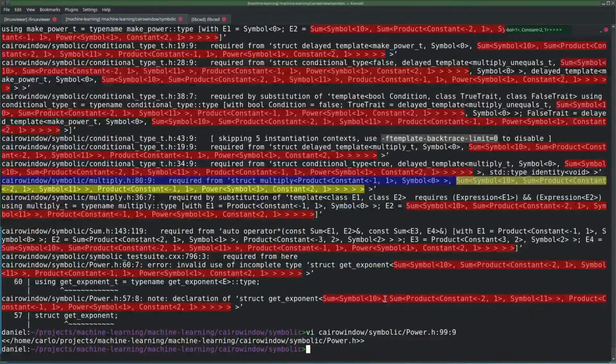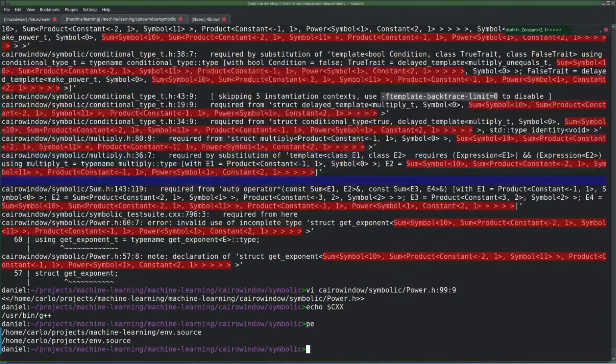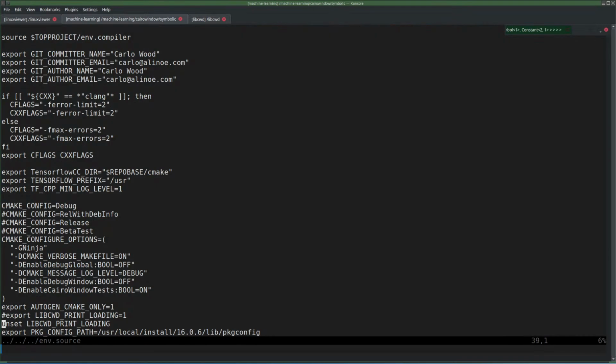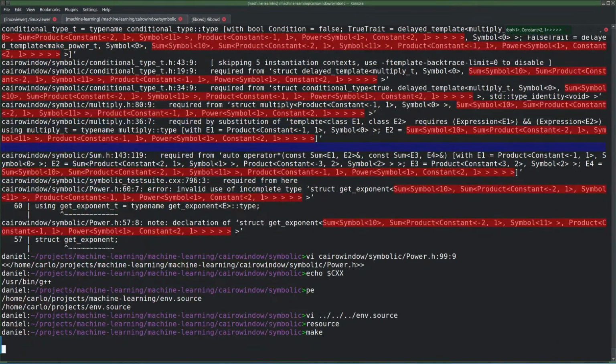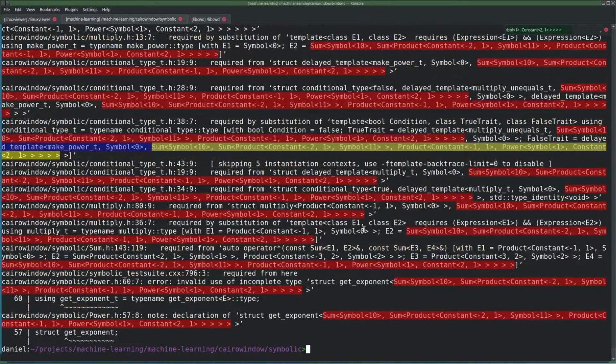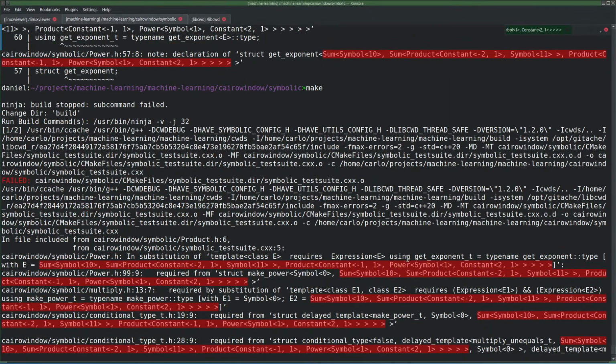I need to see them all. How do I add that? They didn't do anything.